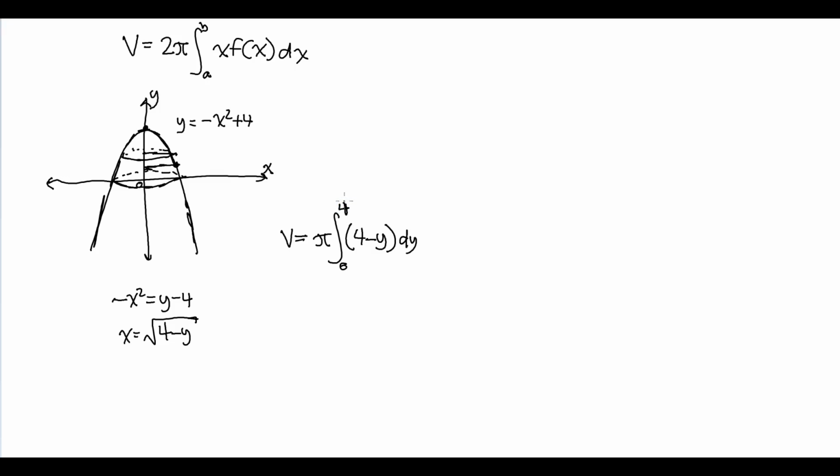Now if we were to integrate this, you get pi times 4y minus y squared over 2 from 0 to 4. And because this expression is 0 when y equals 0, we only need to evaluate it at y equals 4. So we get pi times 16 minus 16 over 2 is 8. And we get 8 pi. Okay, we get 8 pi as our volume.